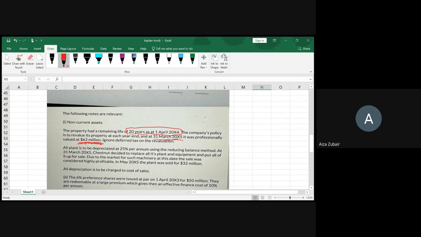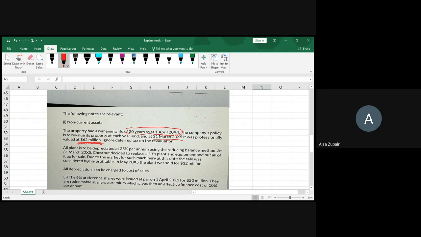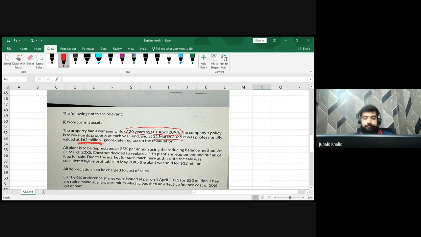Is it IAS 41, investment property? No. If any of the property is held for sale, which accounting standard will be applicable? IFRS 5. It's IFRS 5. That is non-current asset held for sale, right?